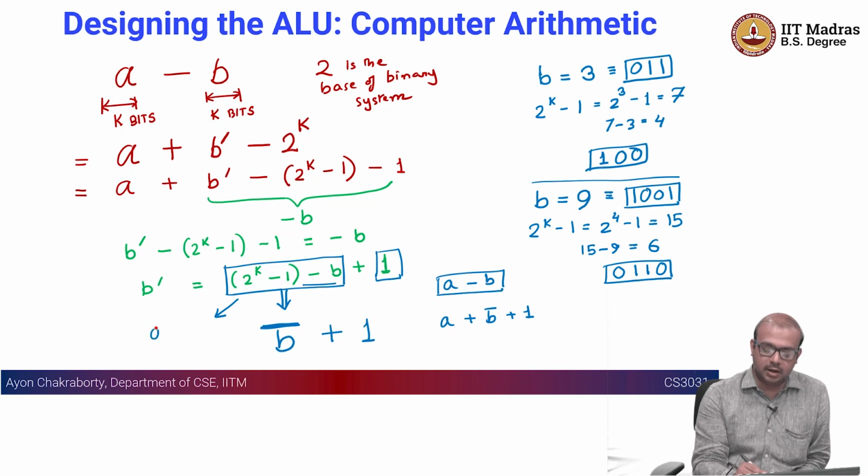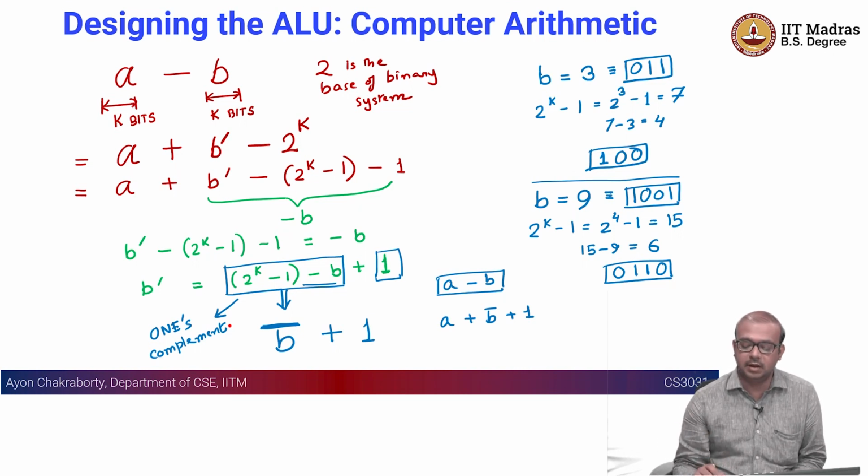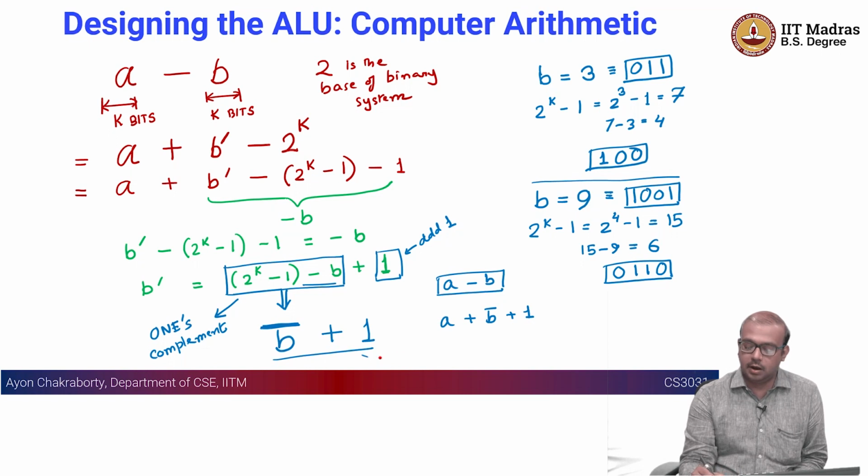Often they will call this the 1's complement. This is called 1's complement, and when you add another 1 to this 1's complement, this entire thing is called 2's complement.